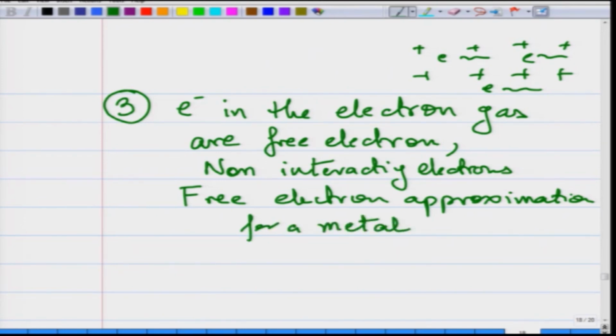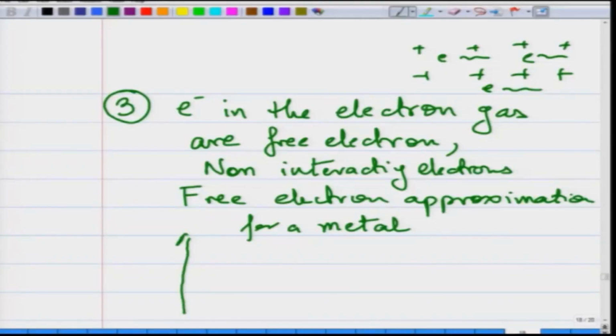And what is the signature of this? Is there any experimental signature which actually can show that electrons inside a metal are free? They actually behave like free electrons and non-interacting electrons. The proof of that is something which I had already shown you in my earlier lecture.